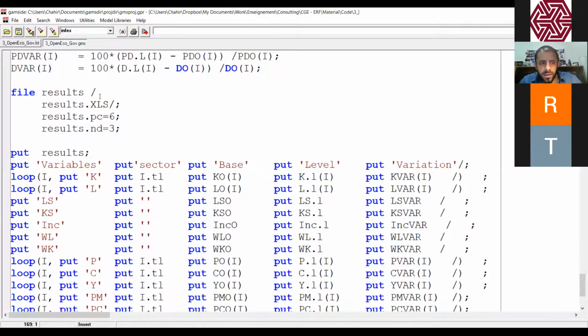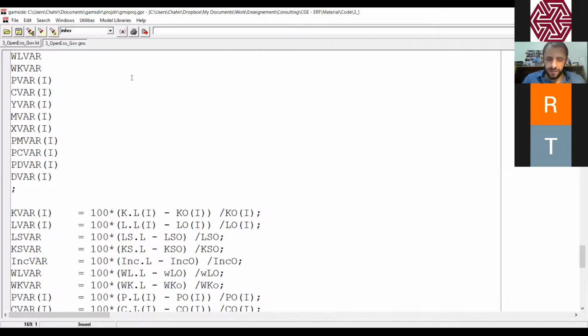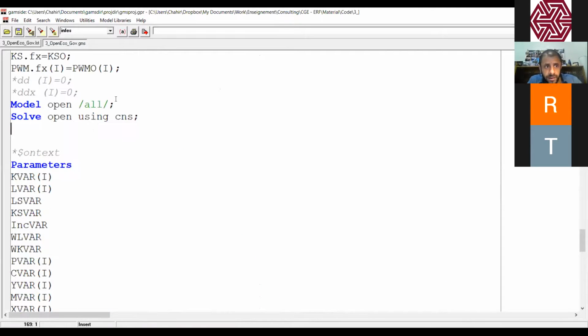So now I can run a simulation. Given the fact that I have the rest of the world, one of the most interesting simulations to run is to see what happens if I have a trade liberalization simulation, meaning that I will remove all tariffs that we have in the economy here.